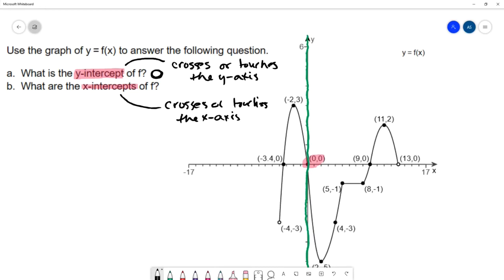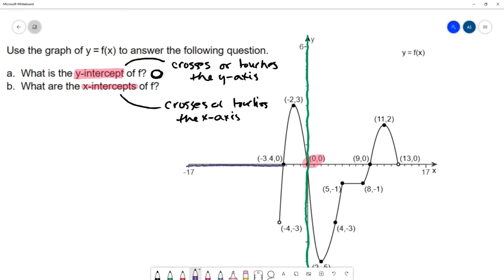I typically like to write my intercepts as ordered pairs, but for this question in my math lab, they just want the y coordinate. We also want to know what are the x-intercepts. The x-intercepts are where the graph crosses or touches the x-axis.